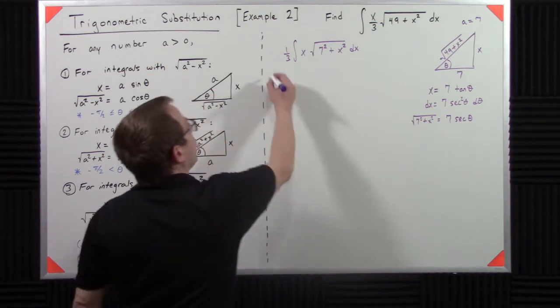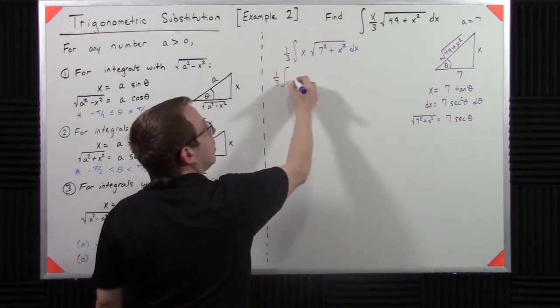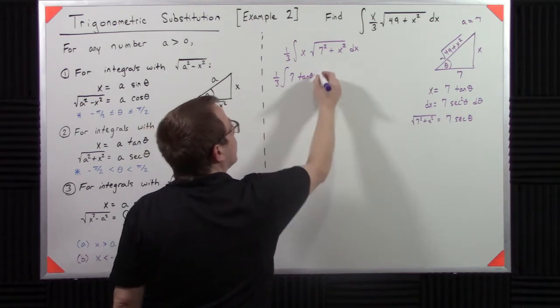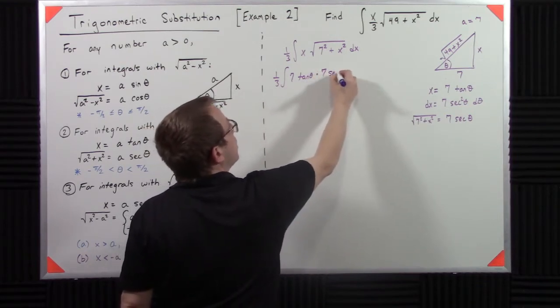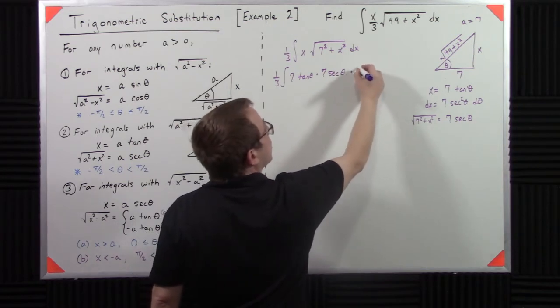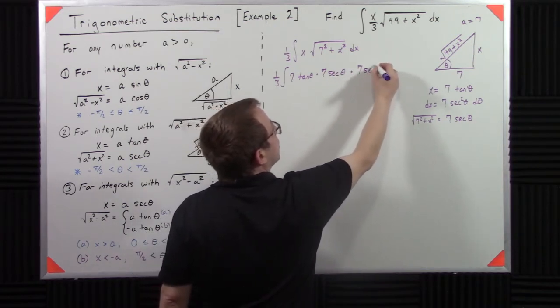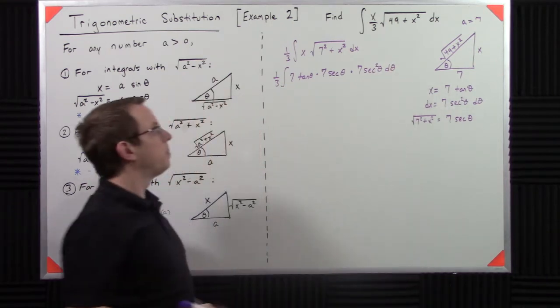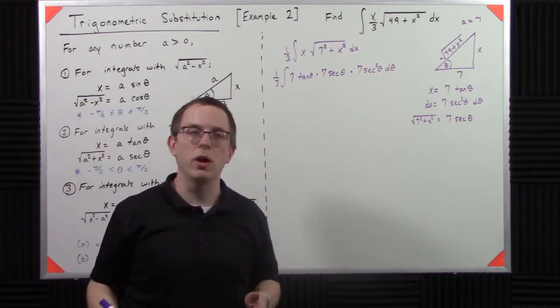So I now have 1/3 times 7 tangent theta times 7 secant theta times 7 secant squared theta d theta. All right, so I got a lot of 7s going on here, right?